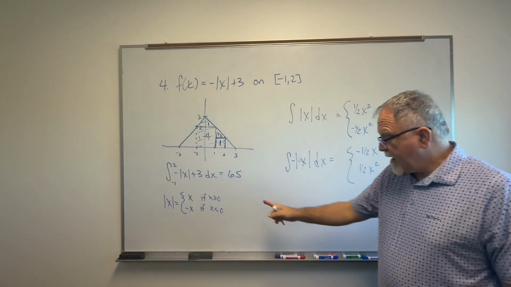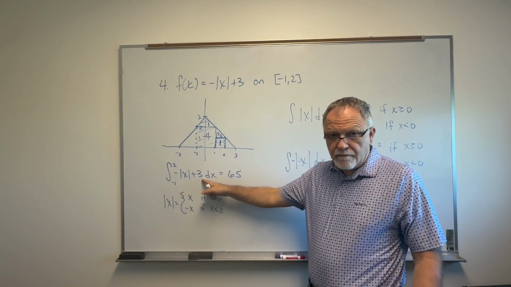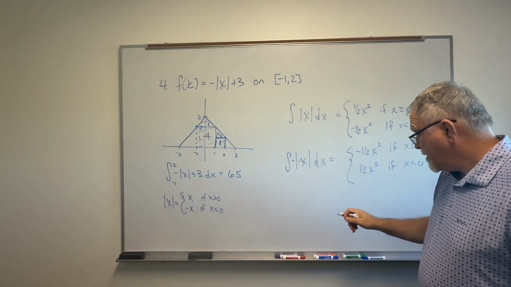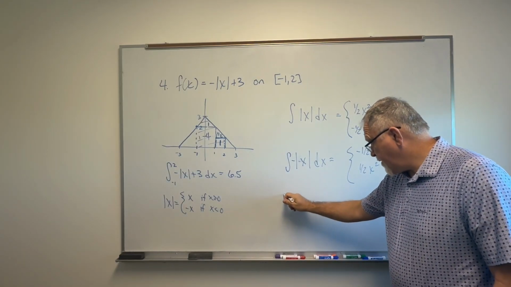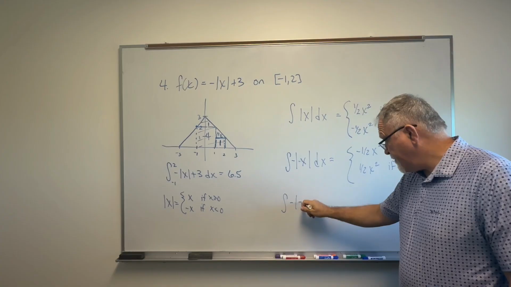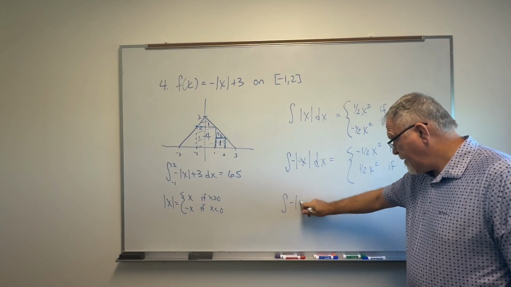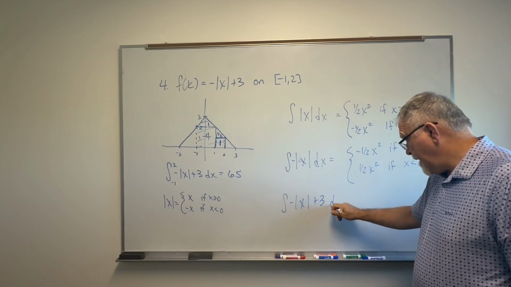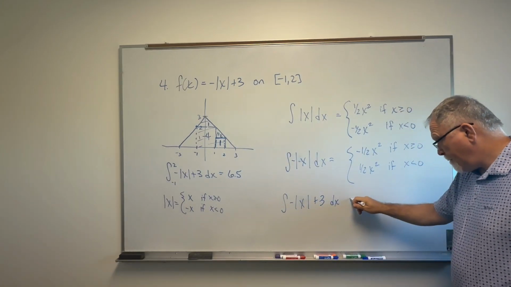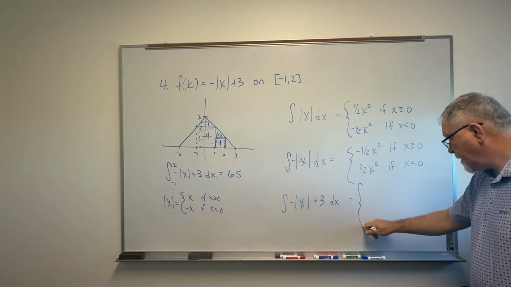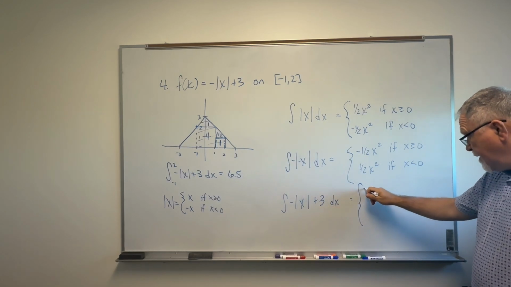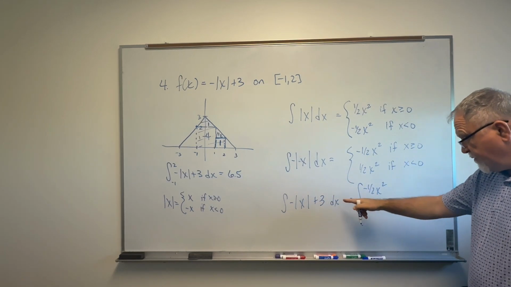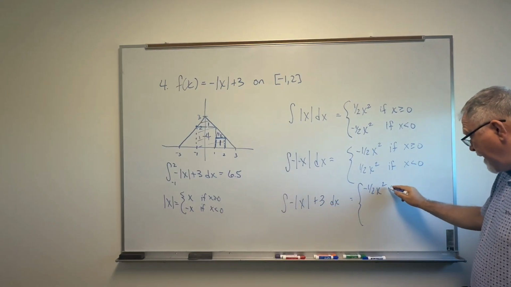Now, what function has the derivative of 3? Well, that's 3x. Derivative of 3x is 3. So I'm just going to add that on. So my integral of negative the absolute value of x plus 3 dx will be, again, this piecewise function, -1/2 x squared, just as before, plus the function whose derivative is 3, that's 3x.